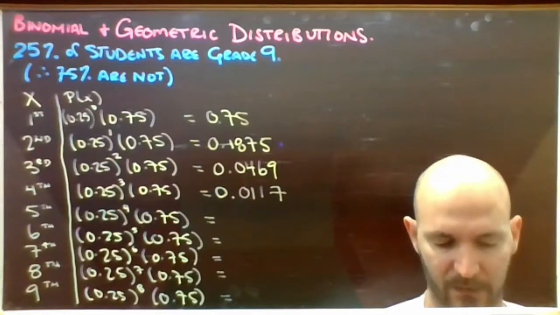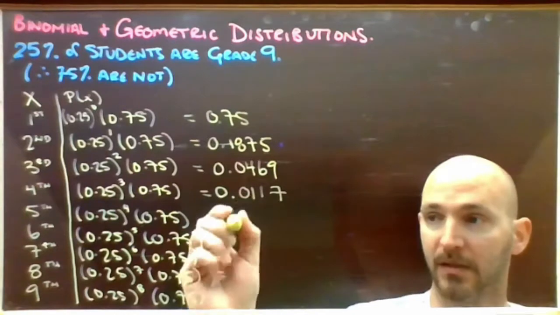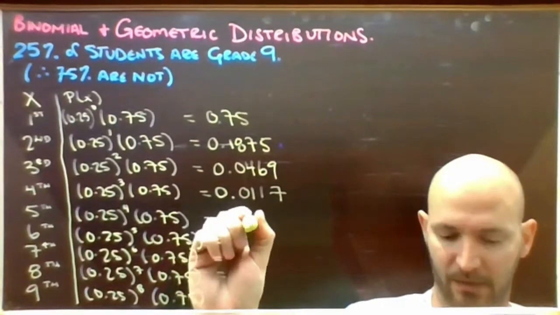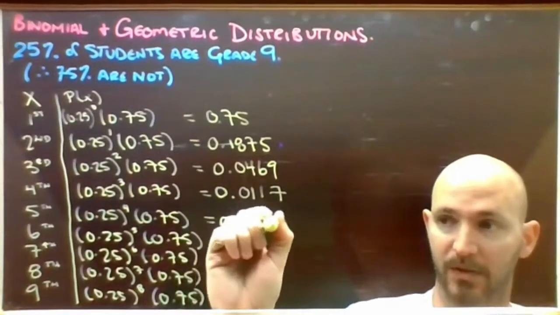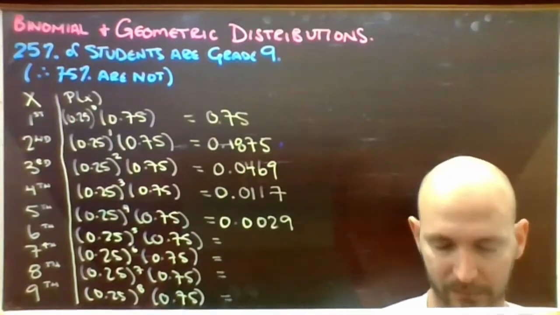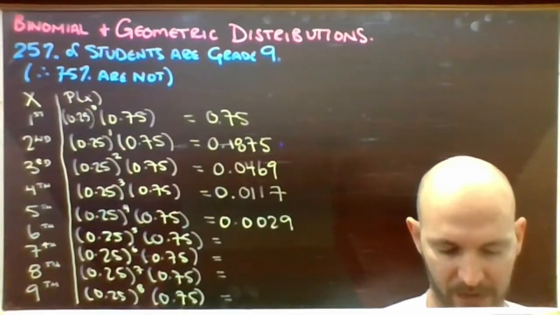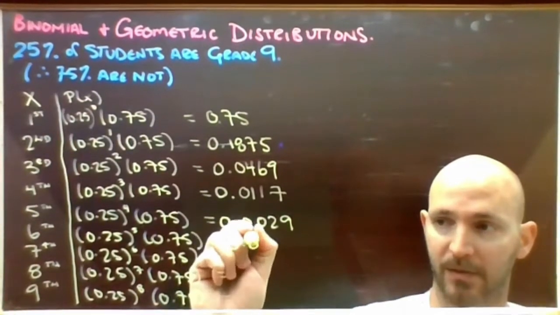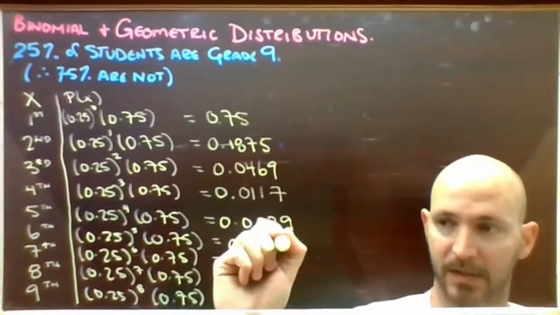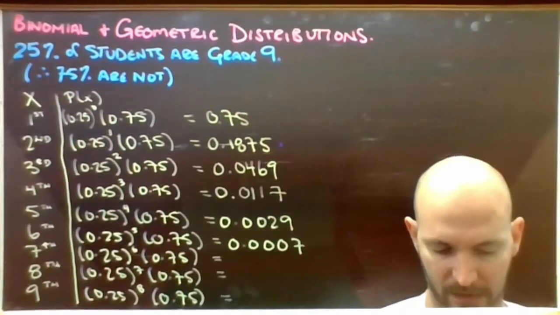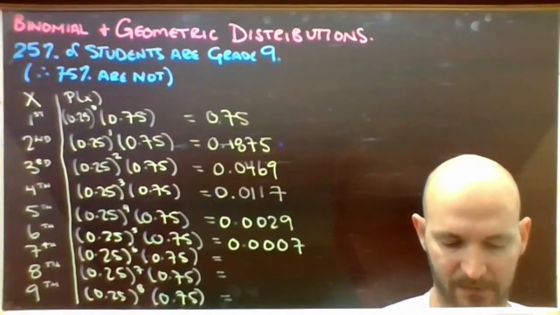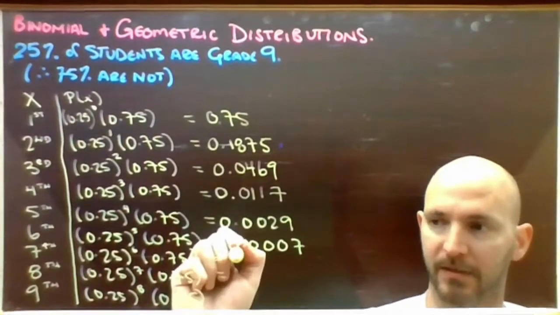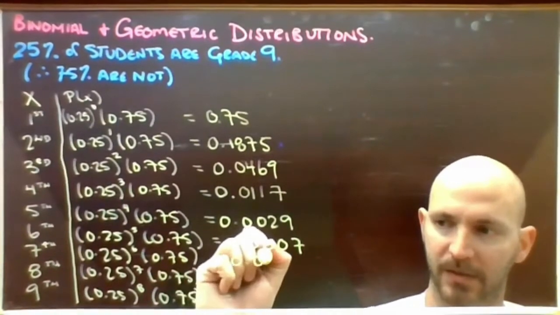Times 0.25 is 0.0029, times 0.25, 0.0007, times 0.25 is 0.00018.